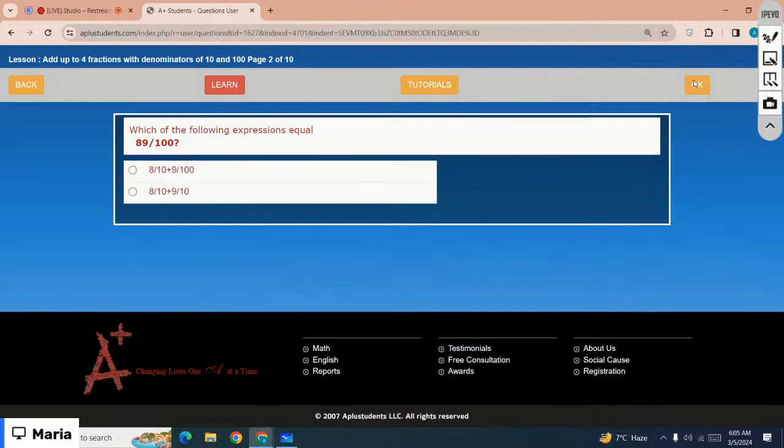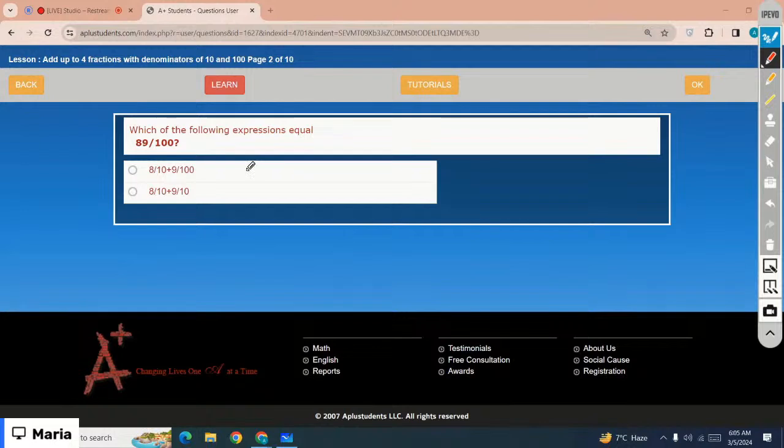The second one is not the correct option. Just look at the second option. They have 8 over 10 plus 9 over 10. They are like denominators, right? When you have like denominators, you simply add numerators. You do 8 plus 9, that is 17 over 10. So this isn't the correct option. Option 1 is the correct option.